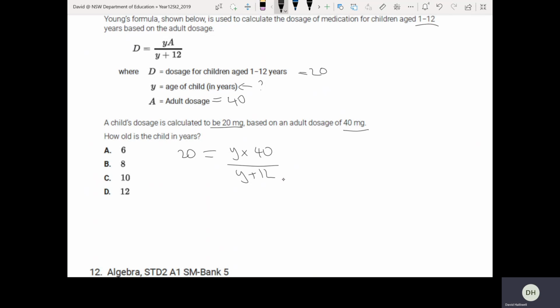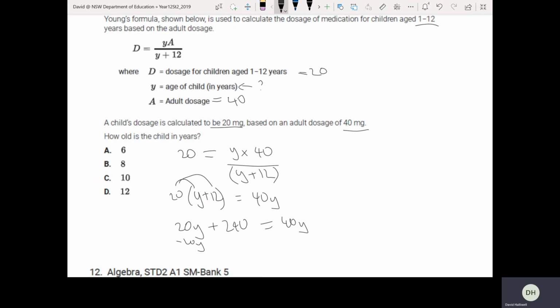I've got one fraction here. I'm going to multiply both sides by y plus 12 because there's 2 things in the denominator. I'll put brackets. I'm going to multiply, so it'll be 20 bracket y plus 12 is equal to, and that's just 40y on the numerator. Okay. Expanding the bracket. We always expand brackets. Make sure you times both by 20. You can either minus 40 y's from both sides or 20 y's.